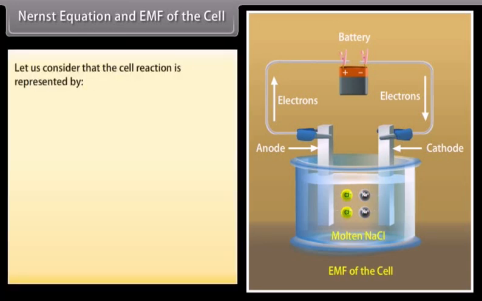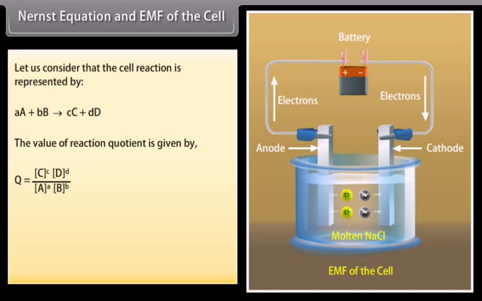Let us consider that the cell reaction is aA plus bB gives rise to cC plus dD. The value of reaction quotient is given by Q is equal to C raised to the power c into D raised to the power d divided by A raised to the power a into B raised to the power b.